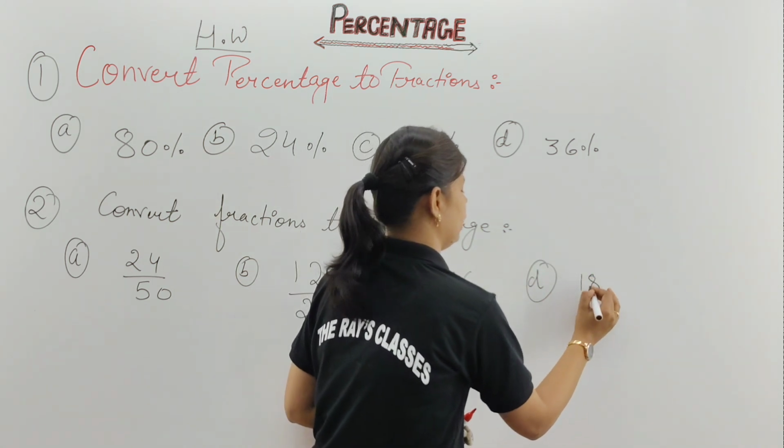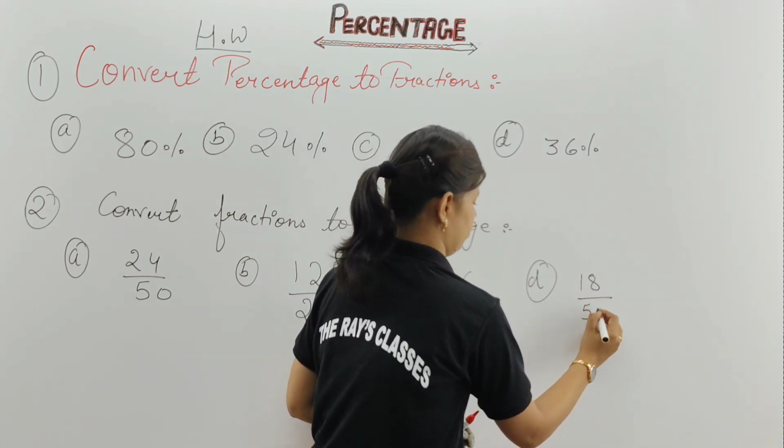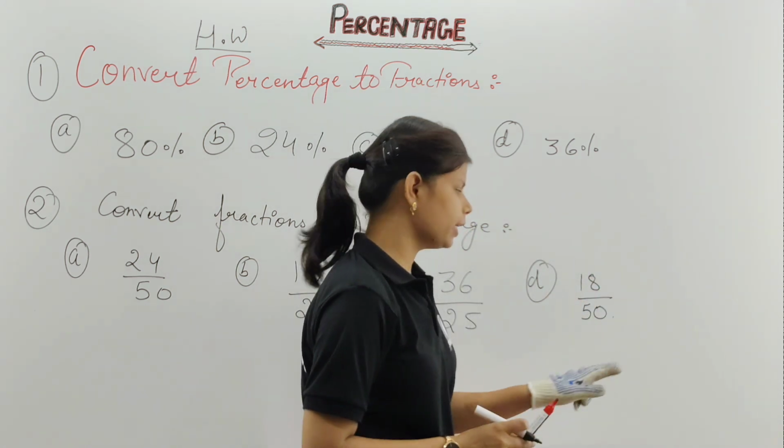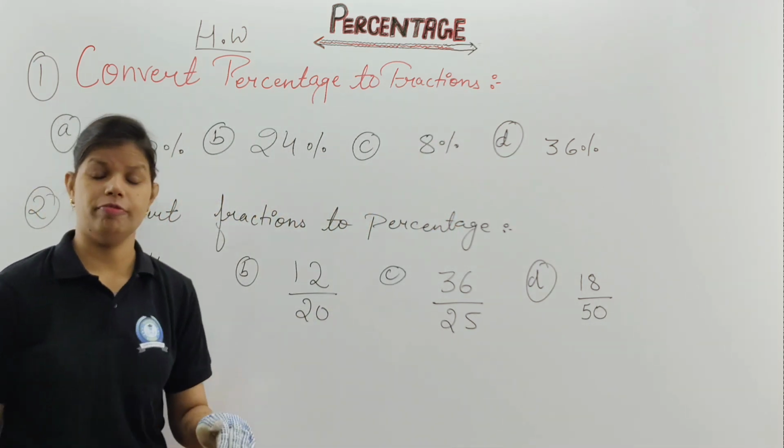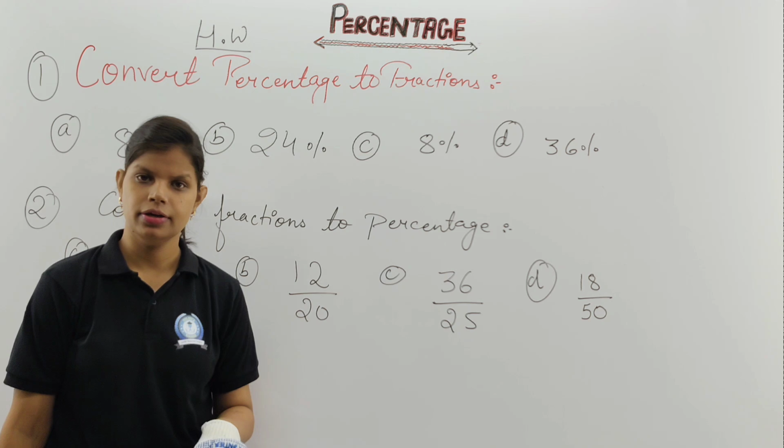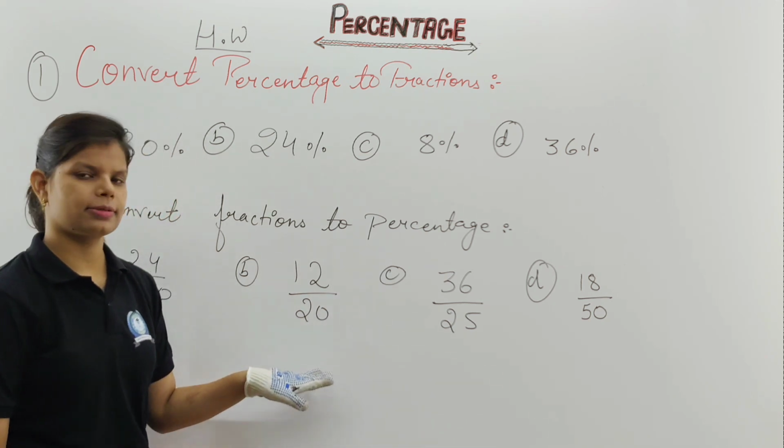Okay, 18 upon 50. Clear? These are all the problems you have to solve with proper steps and a brief explanation. Clear? That you have understood, you have to go with this.